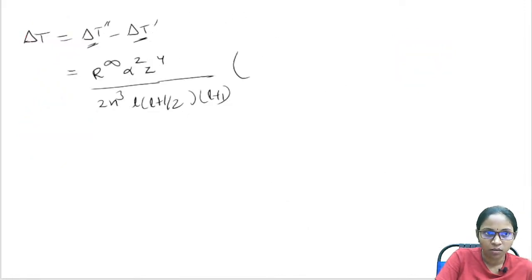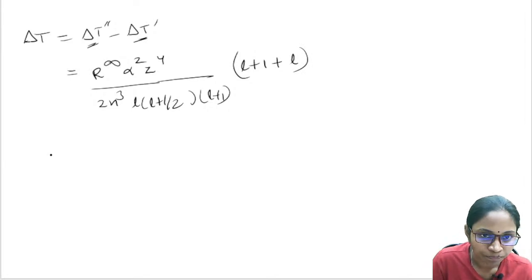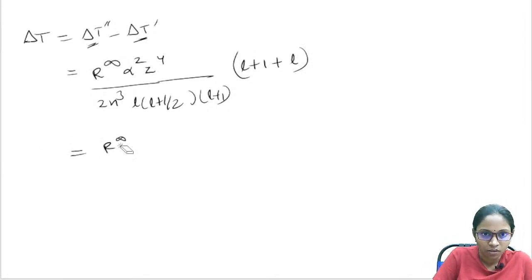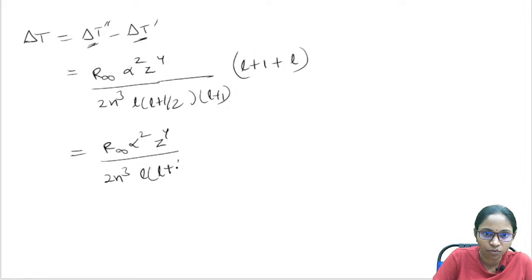Therefore here we have L plus 1 plus L. R infinity is the Rydberg constant, alpha square is the fine structure constant, z power 4, z being the atomic number, by 2n cube into L plus 1 by 2.